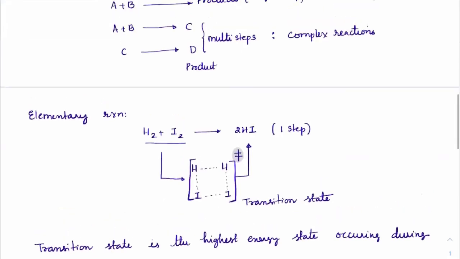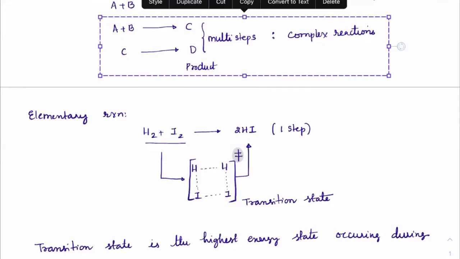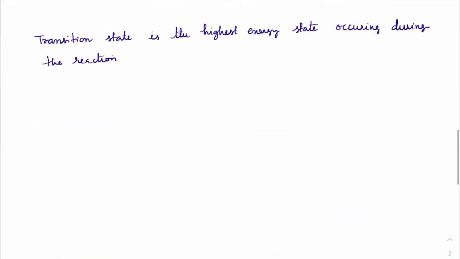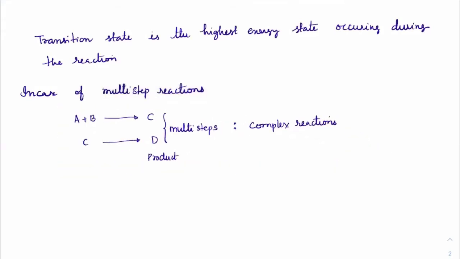Suppose you have a two-step reaction, then there is something like C forming here, correct? So let me just copy it here. In case of multi-step reactions, which is what we will see here, this C which is forming is an intermediate.